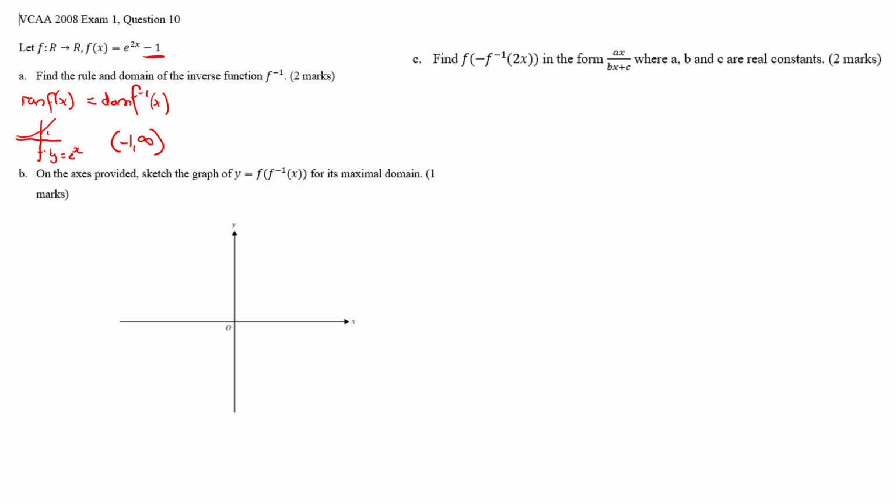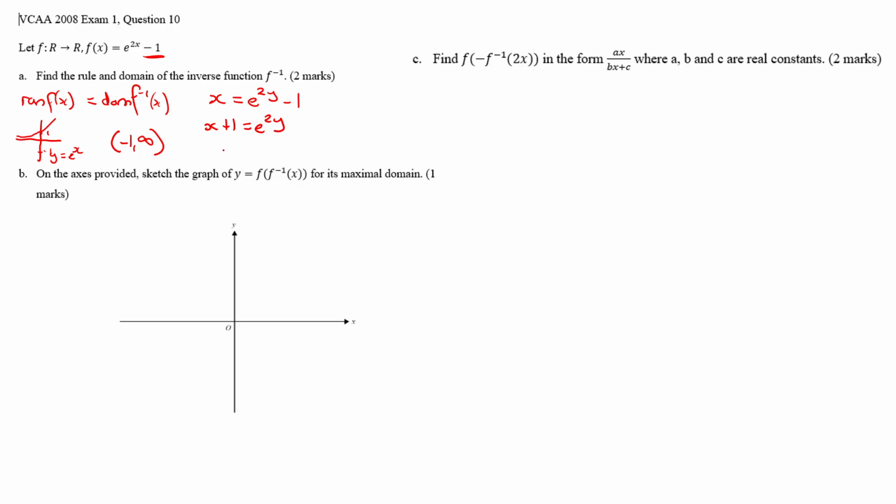Now, if we think about it in terms of getting the rule, the rule that we need to focus on is going to be just switching our y's and x's around. So that will give me x is equal to e to the power of 2y, take away 1. I will then plus 1 to both sides and use the log base e relationship. So that will give me x plus 1 equals e to the power of 2y.